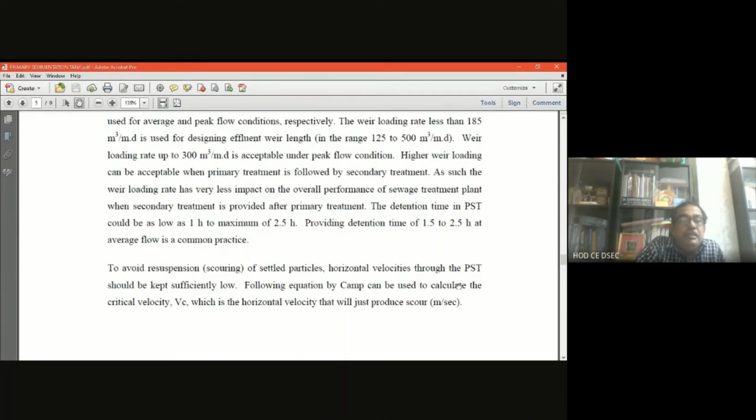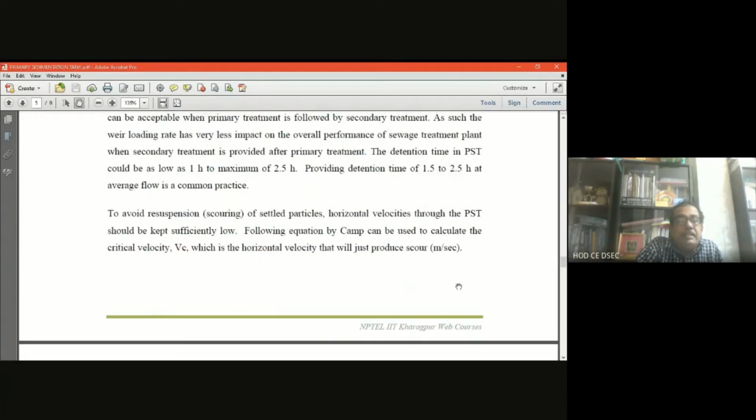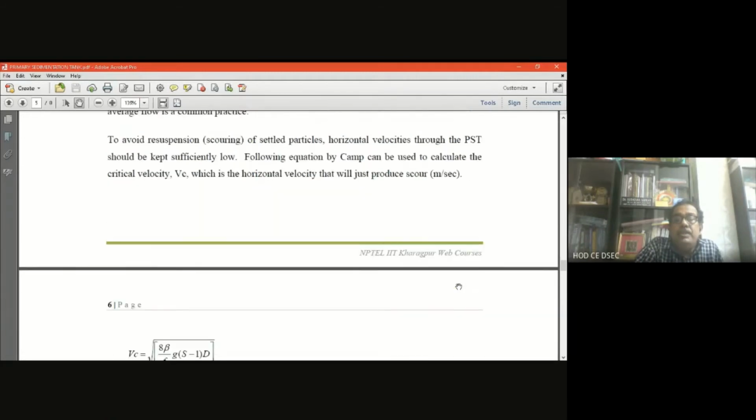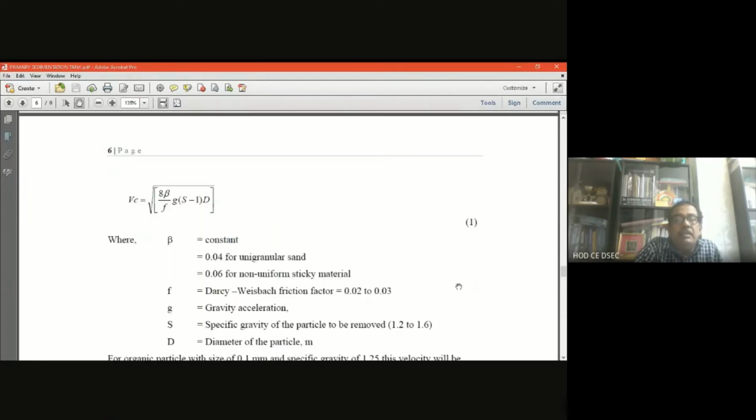That means to avoid resuspension of the settled particles in the tank, the horizontal velocity through the PST should be kept sufficiently low. So we have to calculate V suffix C, the critical velocity, which is the horizontal velocity that just produces the scour. This is the limiting velocity. It should not be exceeded to avoid the scouring.